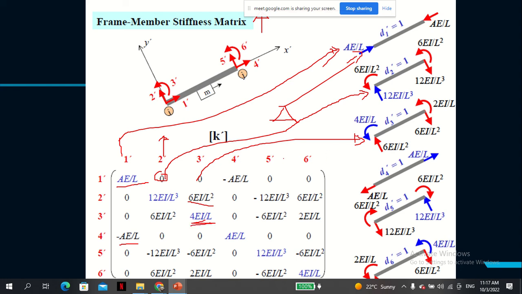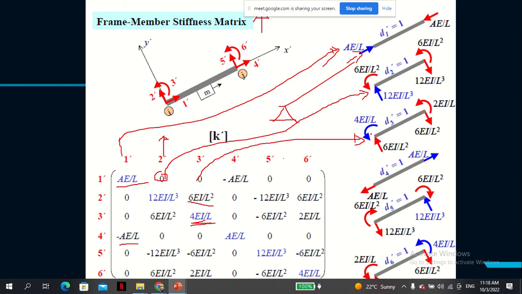If you apply a unit moment, this is the moment you apply here, it will induce this amount of vertical force, and the vertical force has some inverse relationship with the moment, because this beam has to remain in equilibrium either way. So this vertical force has to have an equivalent resultant, equal and opposite.